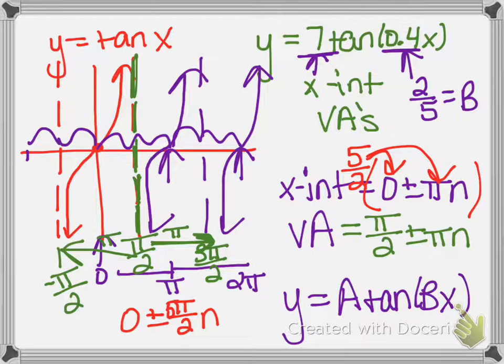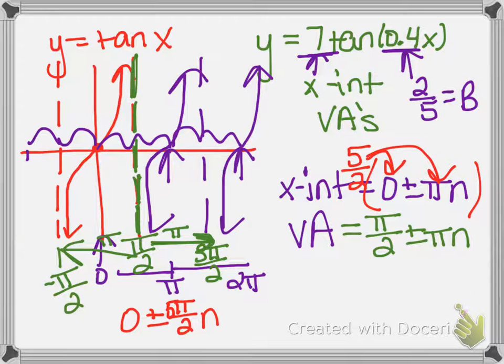Okay? If they also asked you to find the vertical asymptotes, you would have done the same thing. You would have taken the original equation that located all of your vertical asymptotes, and you would have multiplied by the reciprocal of b, which would still be that 5/2.